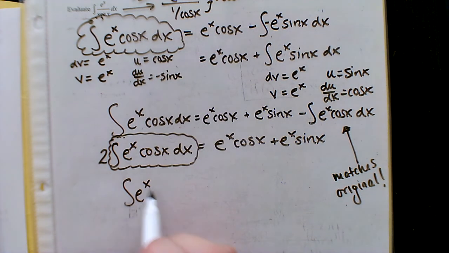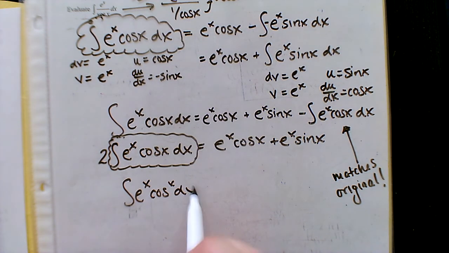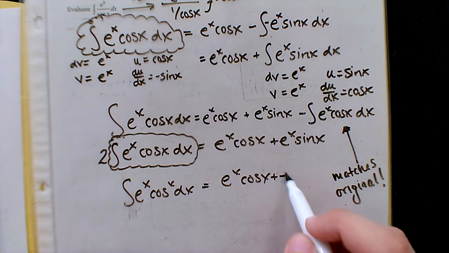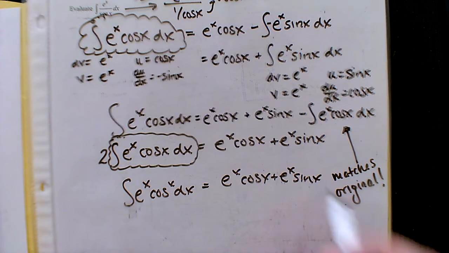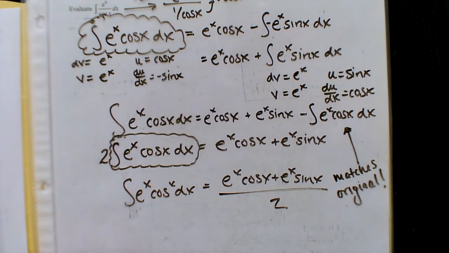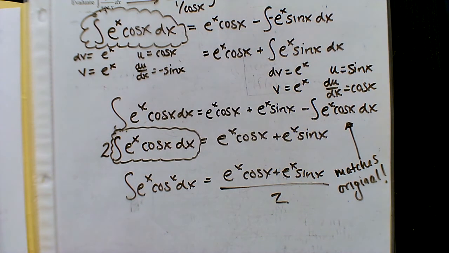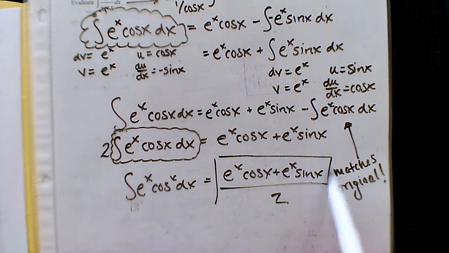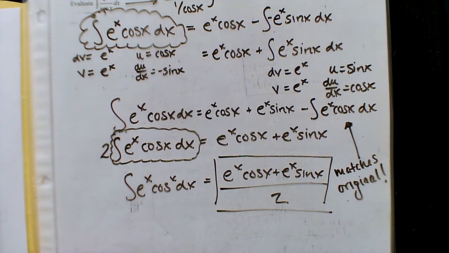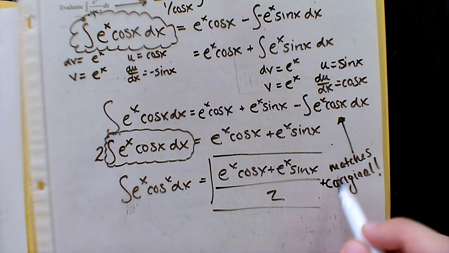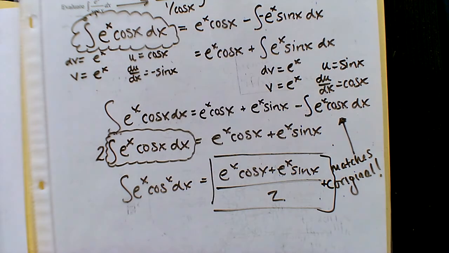We're going to divide the 2 over. So e to the x cosine x plus e to the x sine x, all over 2. So that's the solution to the original integral. We don't know our bounds, so a plus c needs to be in there too.